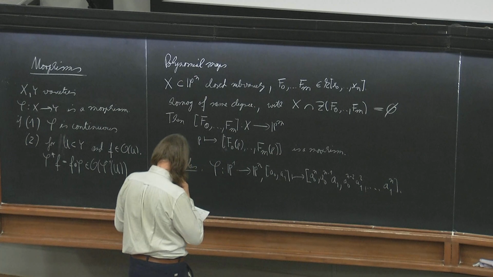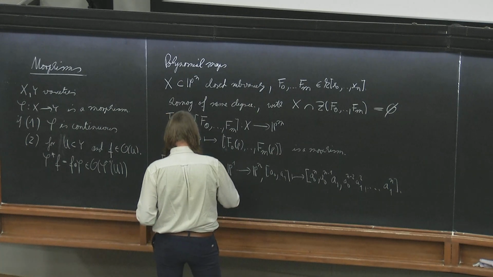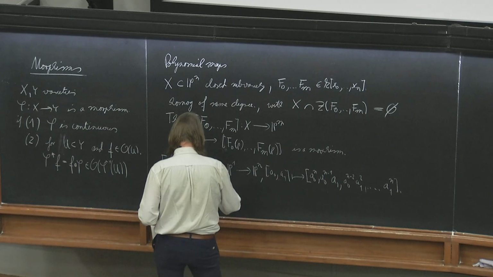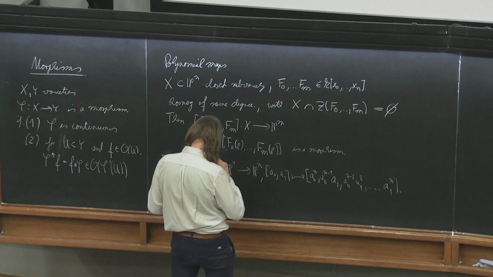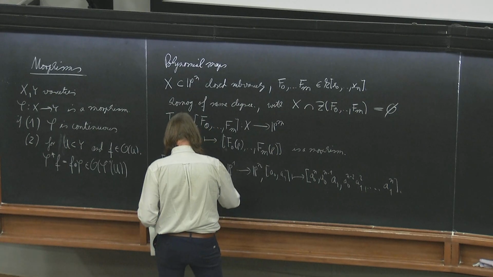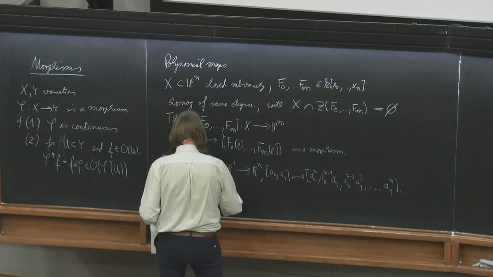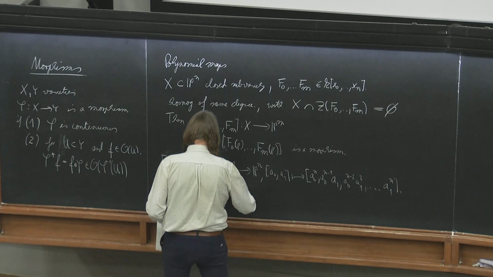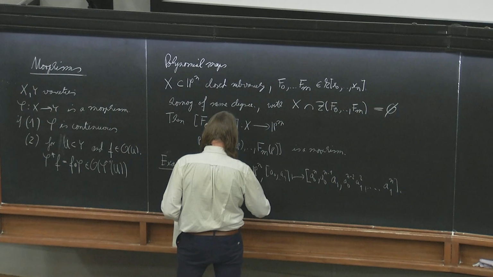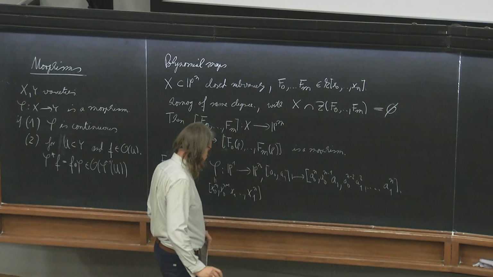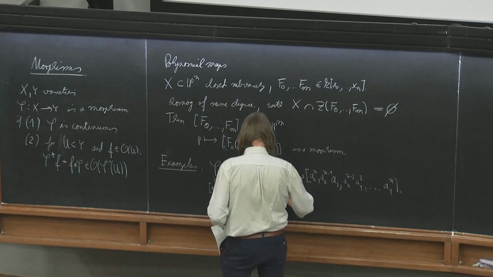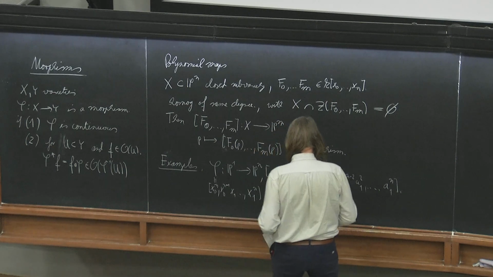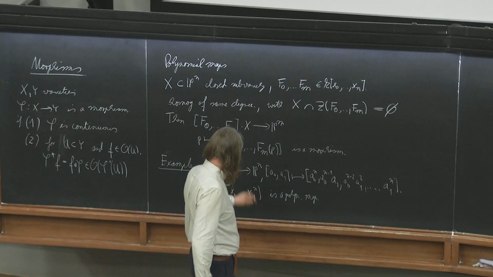So this is obviously a polynomial map. If the coordinates on P1 are x0 and x1, it's just given by x0 to the n, x0 to the n minus 1 x1, and so on until x1 to the n. So it's a polynomial map, and thus a morphism, because obviously these have no common zeros on P1.